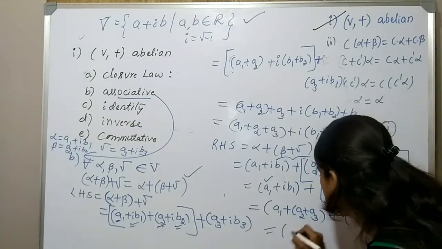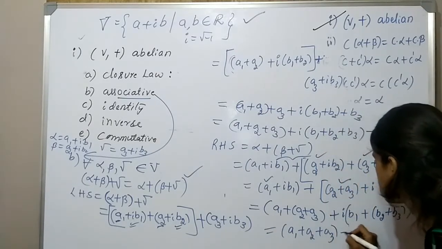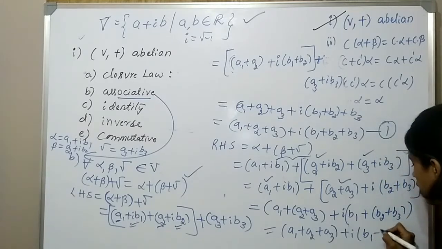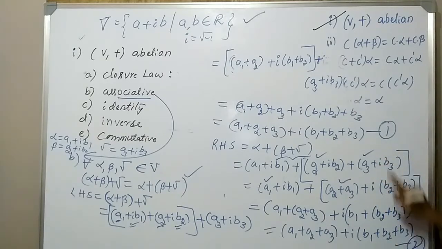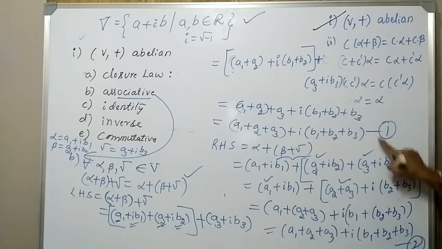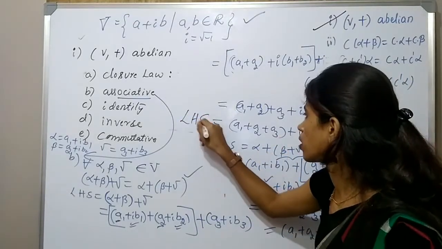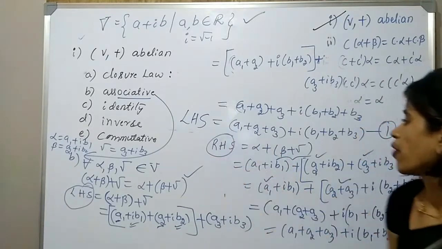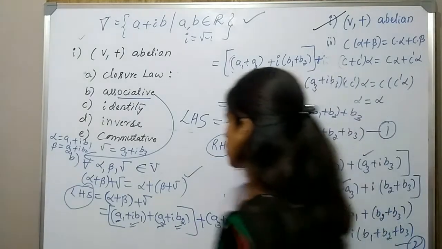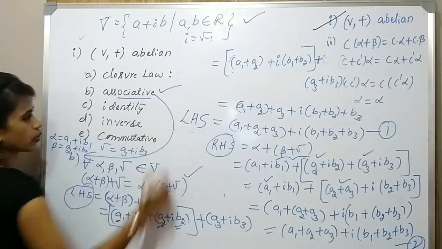So in total we get A1 plus A2 plus A3, plus i into B1 plus B2 plus B3, that is 2. So from 1 and 2 we conclude that they are the same. 1 is the LHS and 2 is the RHS. From 1 and 2, we conclude that LHS is equal to RHS. So this is the associative law.